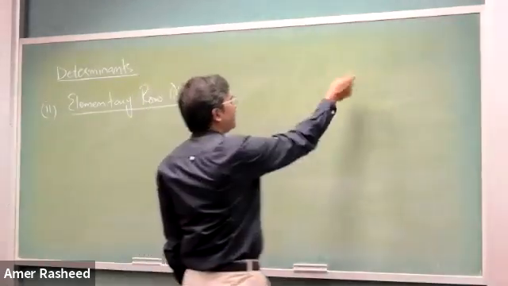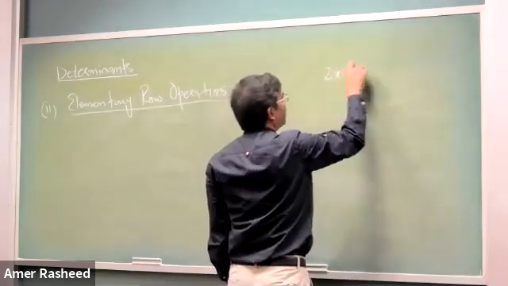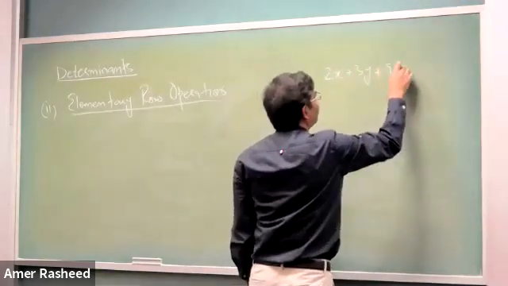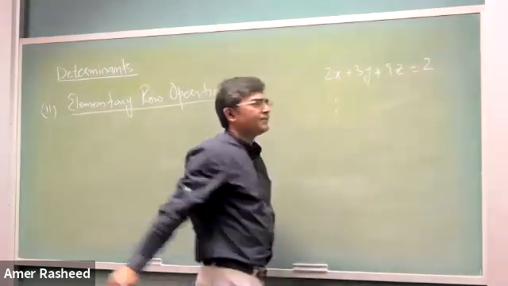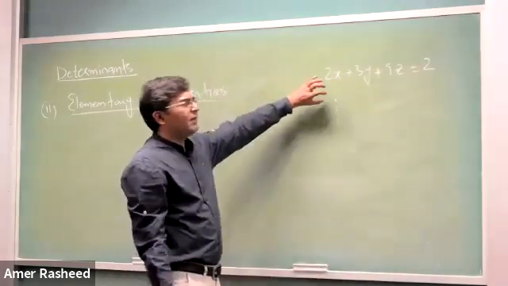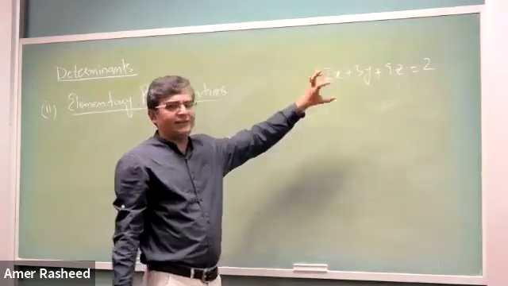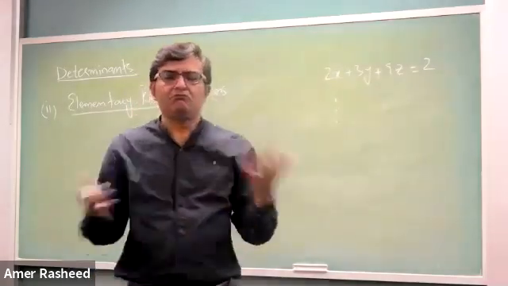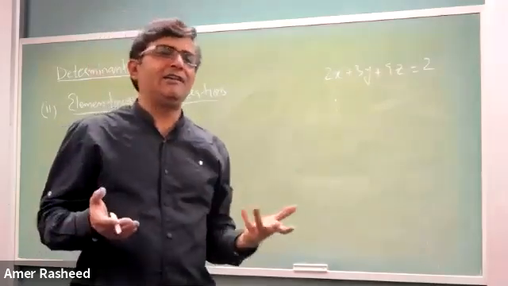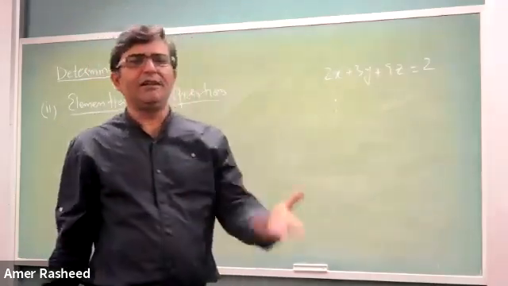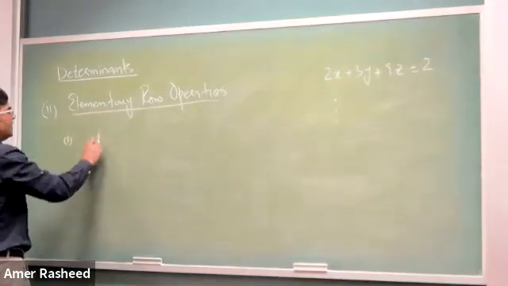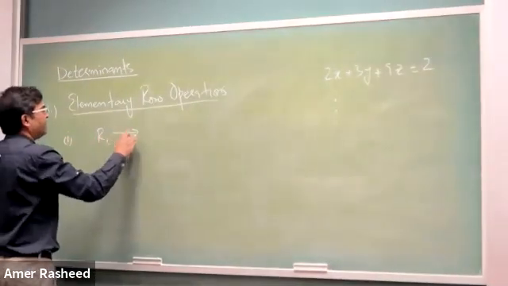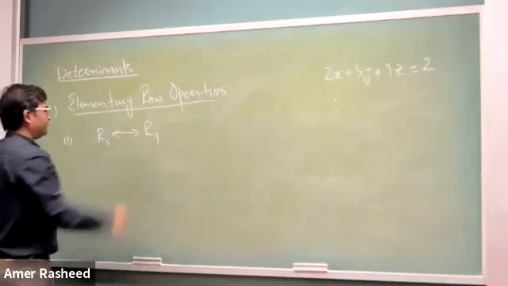In a linear system, for example, if you have 2x plus 3y plus 9z is equal to 2 and many other equations, if we interchange any 2 equations, there will be no change in the solution of that linear system. This was one of the elementary row operations. The first elementary row operation was: row i can be interchanged with any row j.